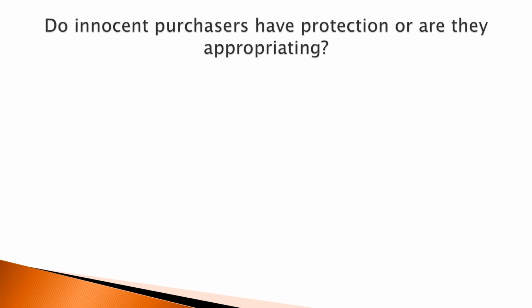So what happens if you are deemed to be what we call an innocent purchaser of property that is stolen? Are you appropriating, or does the law protect you? Now let's go back to what appropriation says under section 3, subsection 1, so the definition.